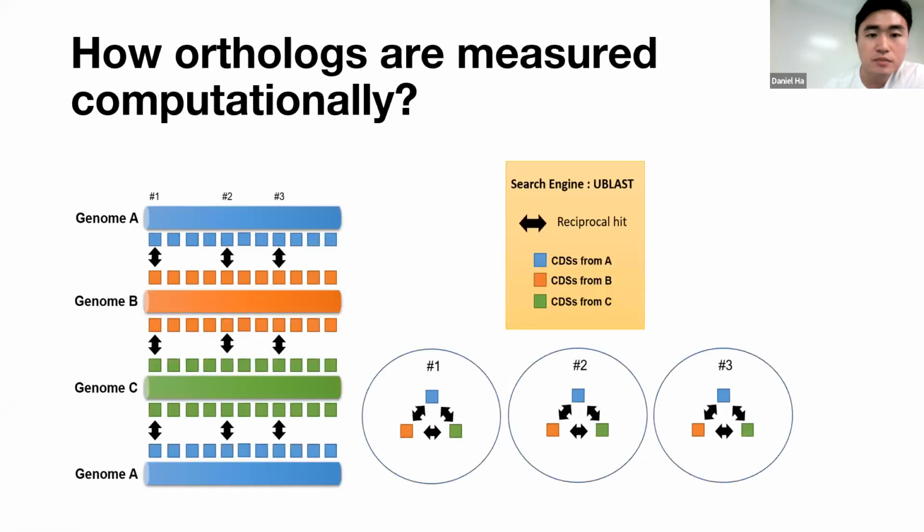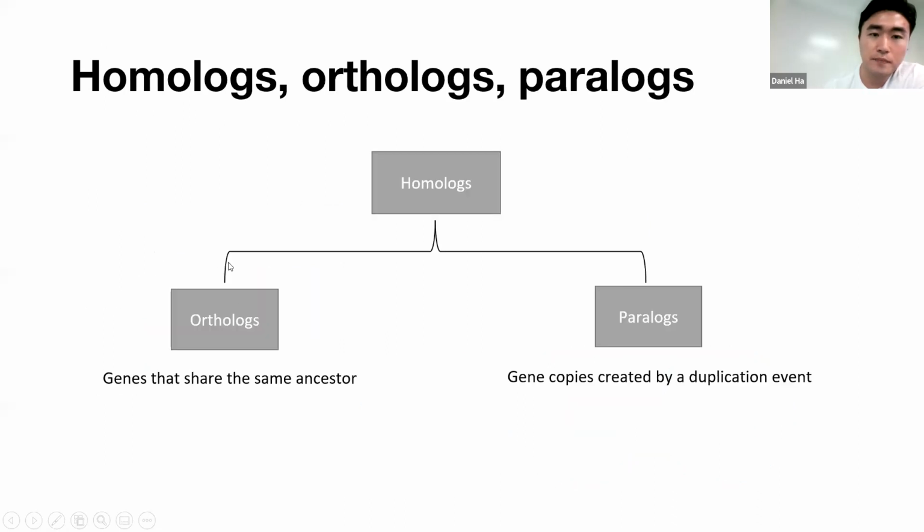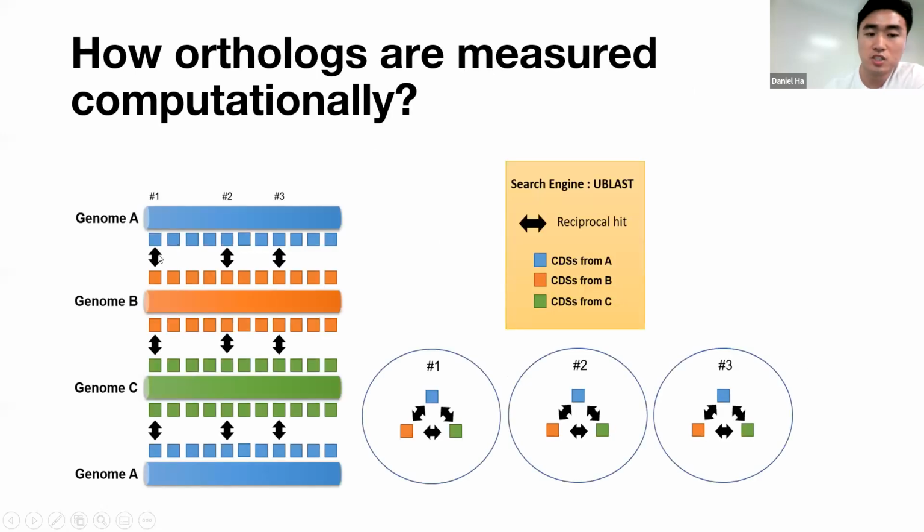So when it comes to comparing multiple genomes, we want to specifically find these orthologs, the group of genes that share similar functions. Computationally, the orthologs are calculated based on the reciprocal BLAST search. If you remember from yesterday, we mentioned OrthoANI, which had a similar algorithm.